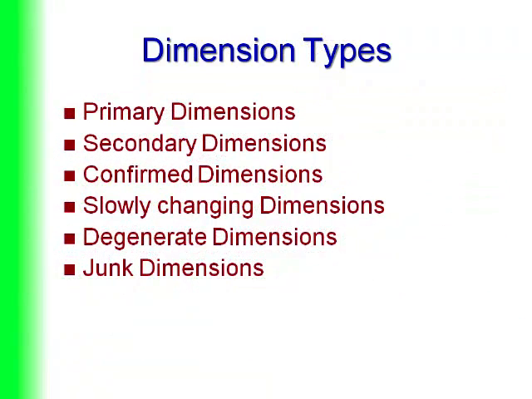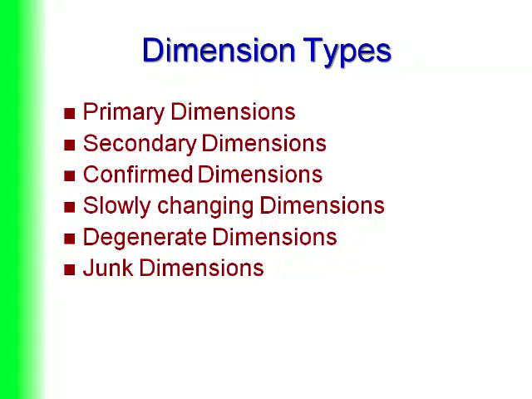What are the different dimension types? There are various dimension types. Depending on the requirements of the business process, we need to identify the type of each dimension. The different dimension types are primary dimension, secondary dimensions, conformed dimensions, slowly changing dimensions, degenerate dimensions, and junk dimensions.